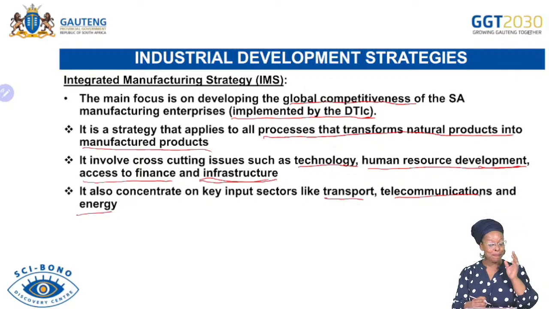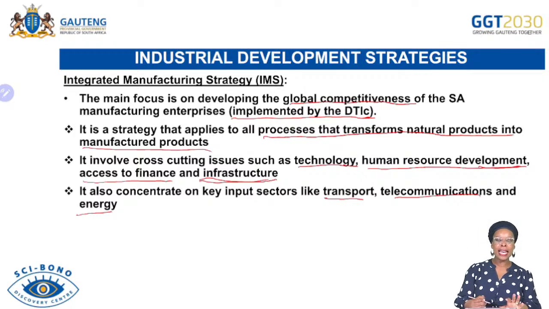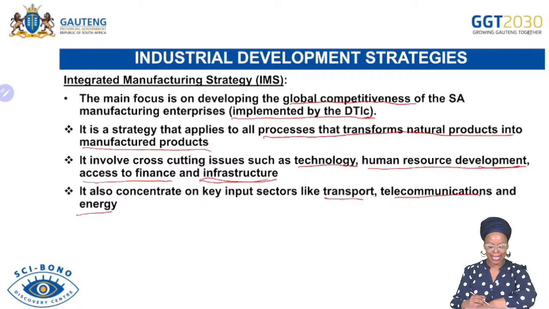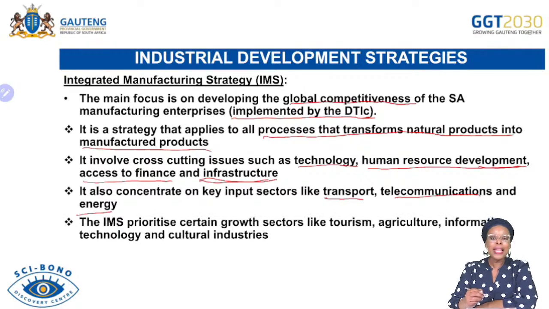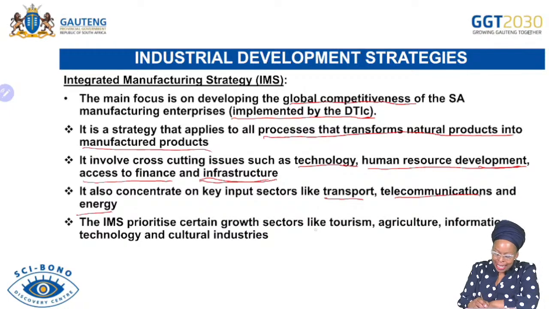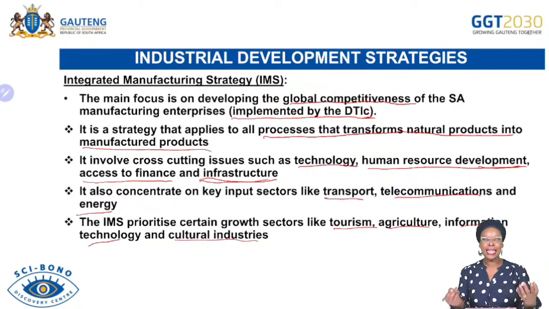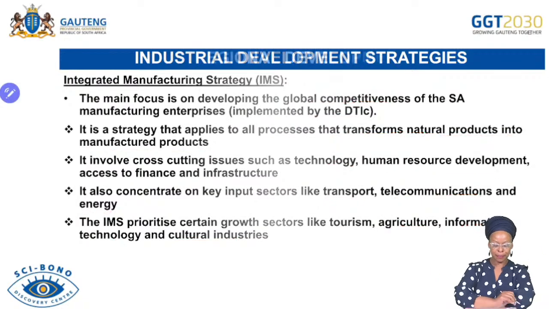With the high prices of petrol and diesel, this is going to have a high and negative impact on industrialization. So the IMS prioritizes certain growth sectors such as tourism, agriculture, information technology, and cultural industries. So there is that area of diversification.